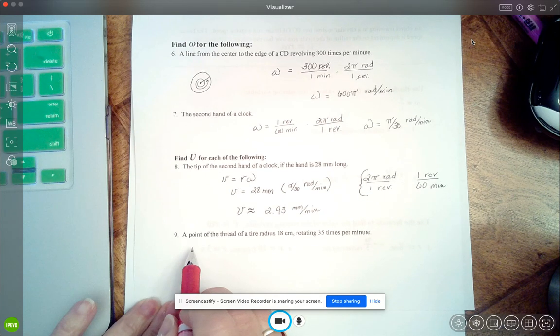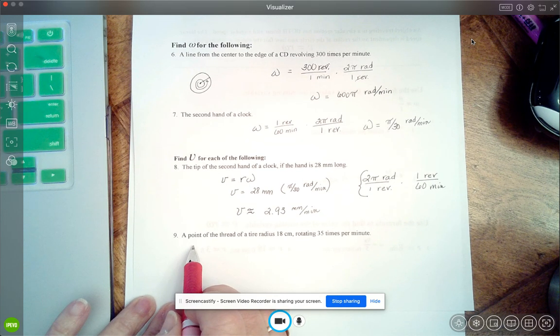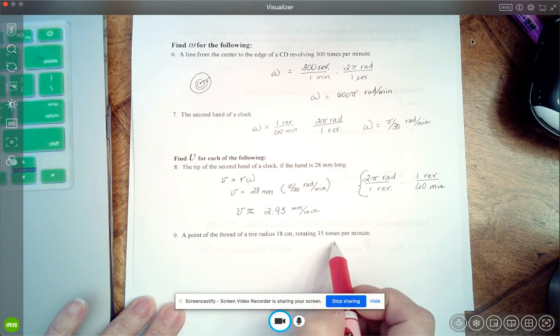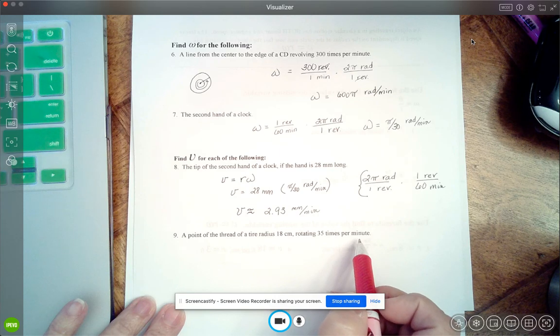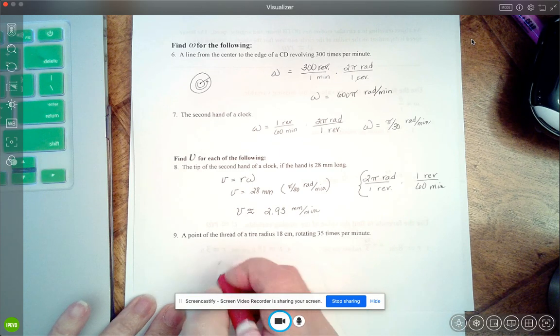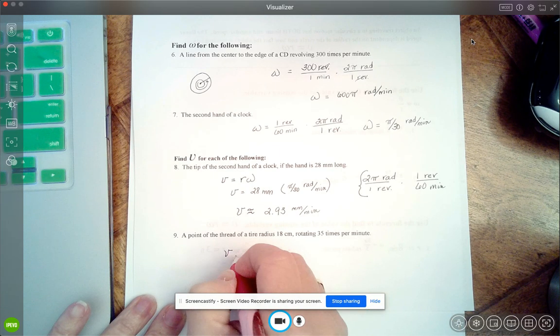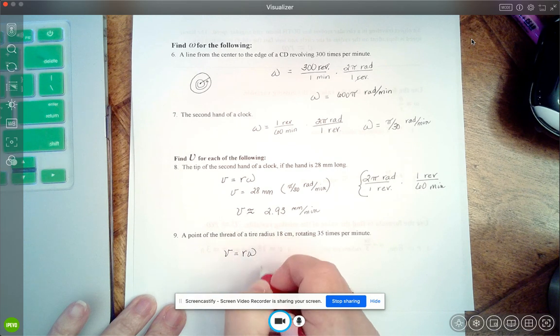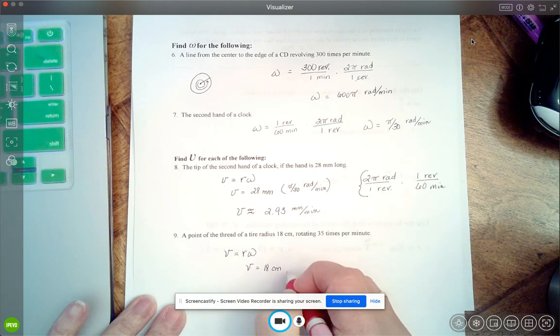Okay, let's look at the very last one. A point on the tread of a tire, radius 18 centimeters, is rotating 35 times per minute. Same formula. My linear speed is my radius, 18 centimeters, times my angular speed.